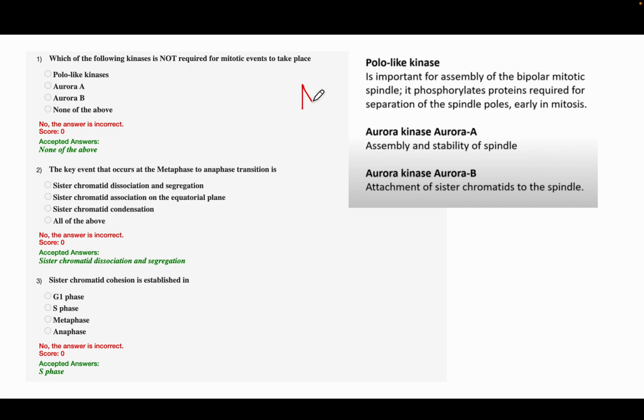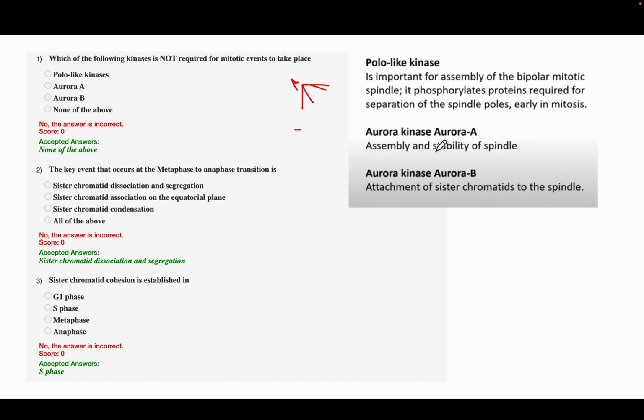Bipolar means they have two sides, positive and negative. It phosphorylates proteins required for separation of the spindle poles early in mitosis. So this polo-like kinase, as the name suggests, also phosphorylates proteins that are required for separation of the spindle poles.